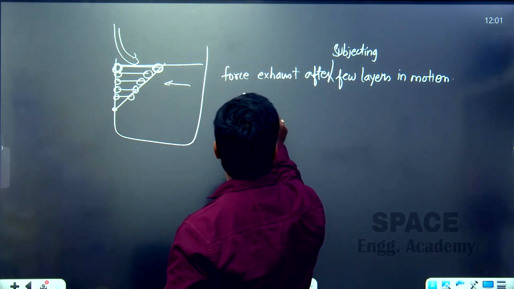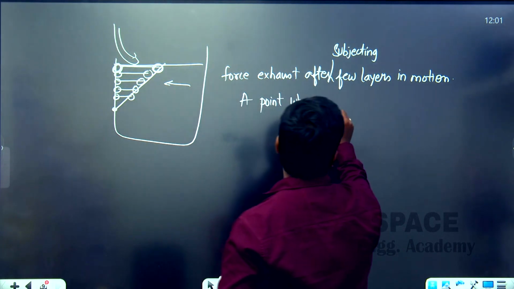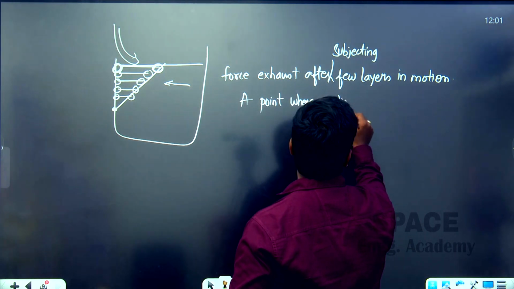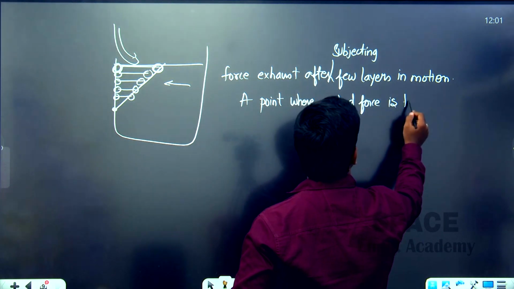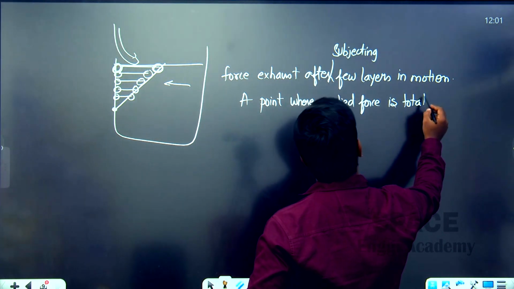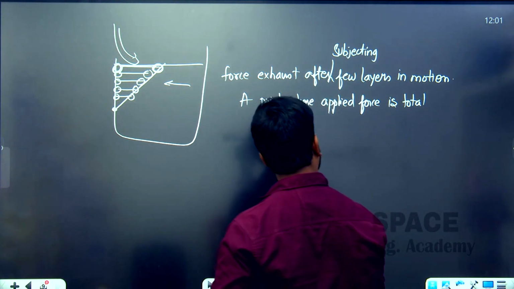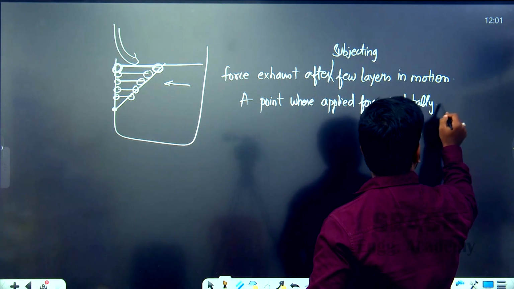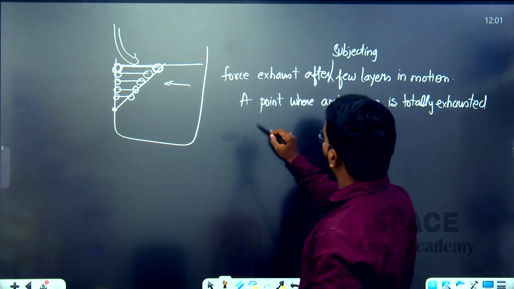A point where the applied force is totally exhausted, as given in the figure.